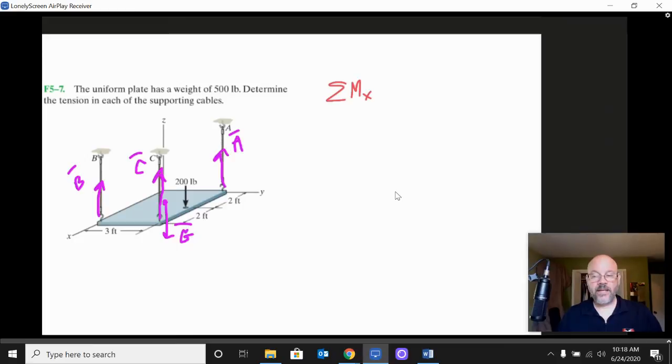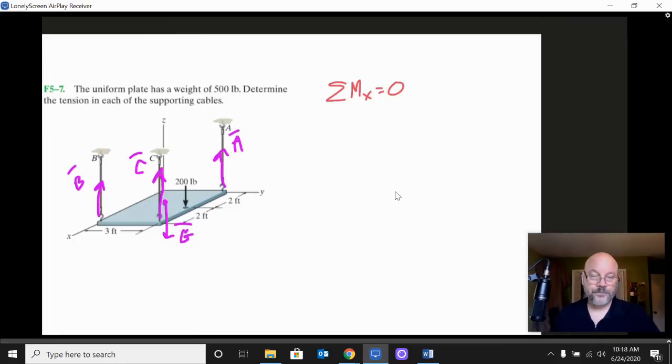The x-axis is coming out towards you, so take your hand, put your thumb in that direction, and wrap it like that. We want all of those moments to add up to 0.